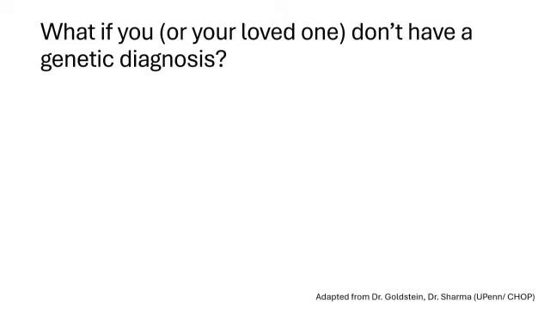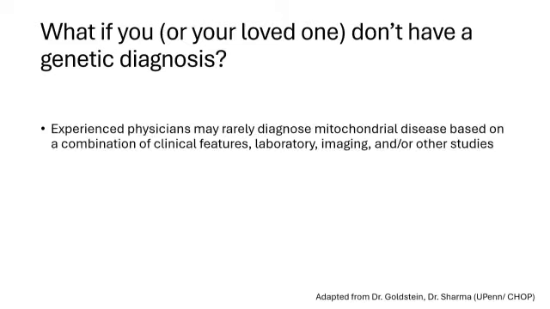So what if you have had this sequencing and you don't have a genetic diagnosis? Well, sometimes there are physicians who are very experienced in the field, who are able to look at all the symptoms and all of the data, maybe the MRIs or the biopsies or the blood tests, and say, this is highly likely to be a genetic mitochondrial disease.